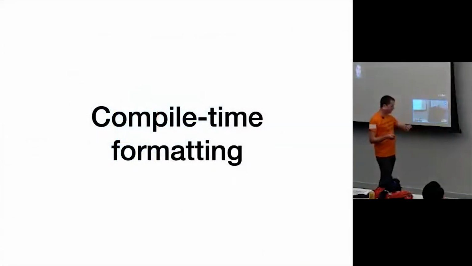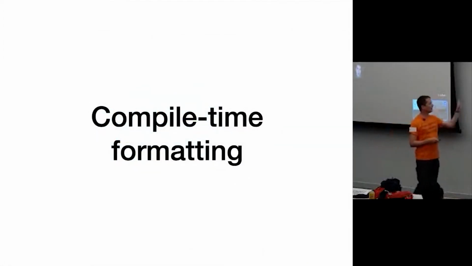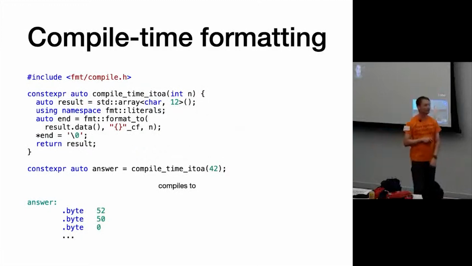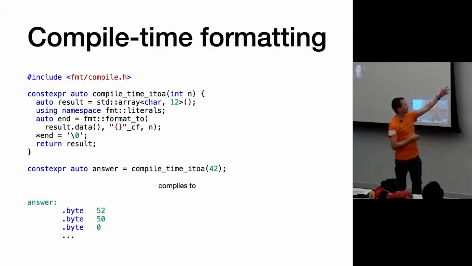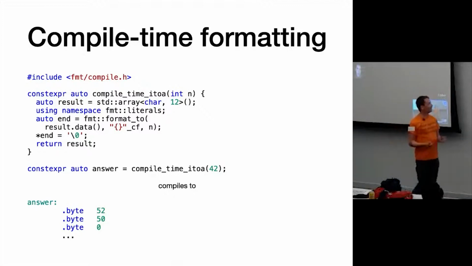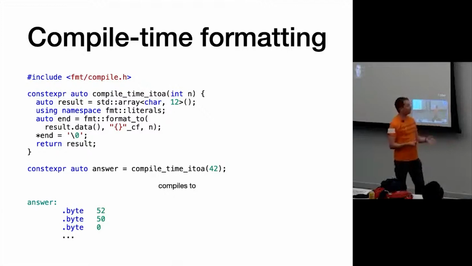The last part is compile time formatting. This is the simplest one, for those who are not asleep yet. For example, let's try to implement a conversion from integer to a string that works at compile time.